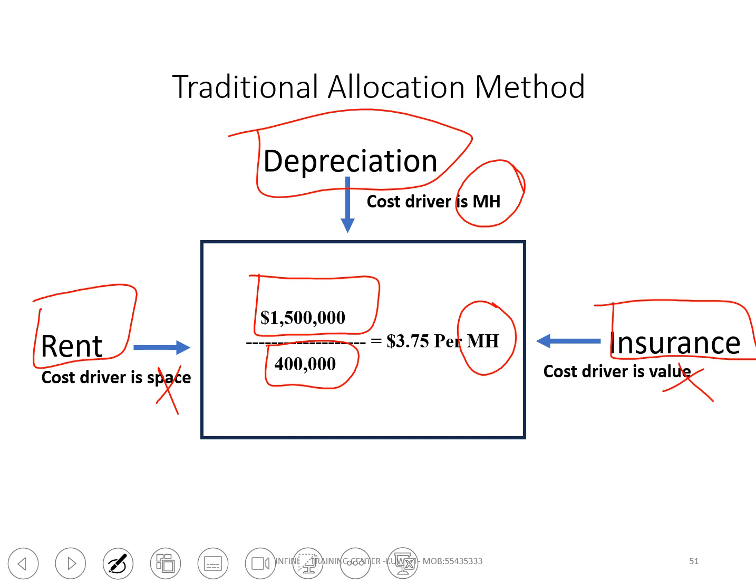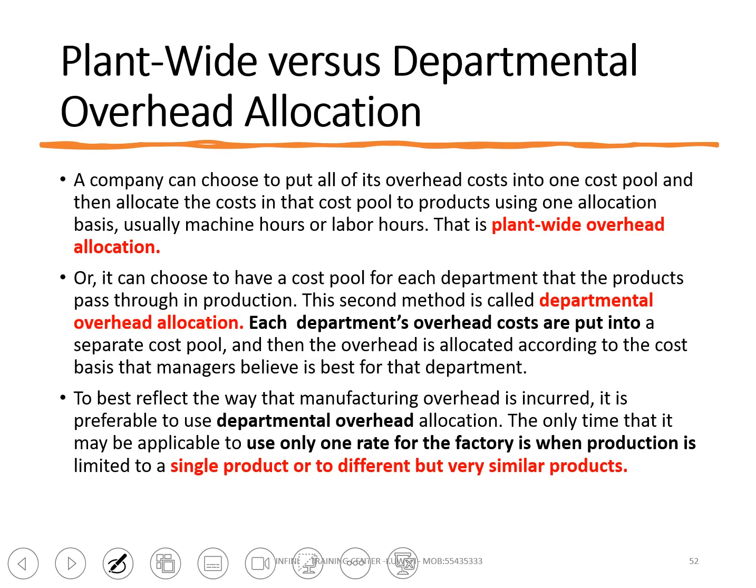So in that case, to make the costing accurate, you have to use different allocation bases for different services. But in the traditional method, we are just following one allocation base.